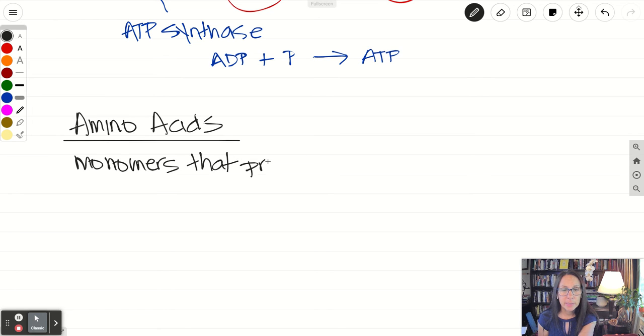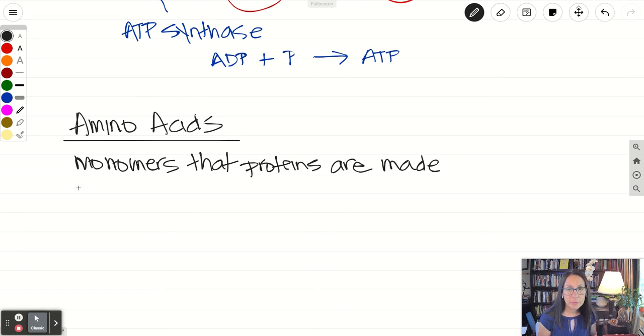In those pictures of those proteins, those little balls are the amino acids. You have probably heard the word amino acid before. So they are what makes up all proteins.